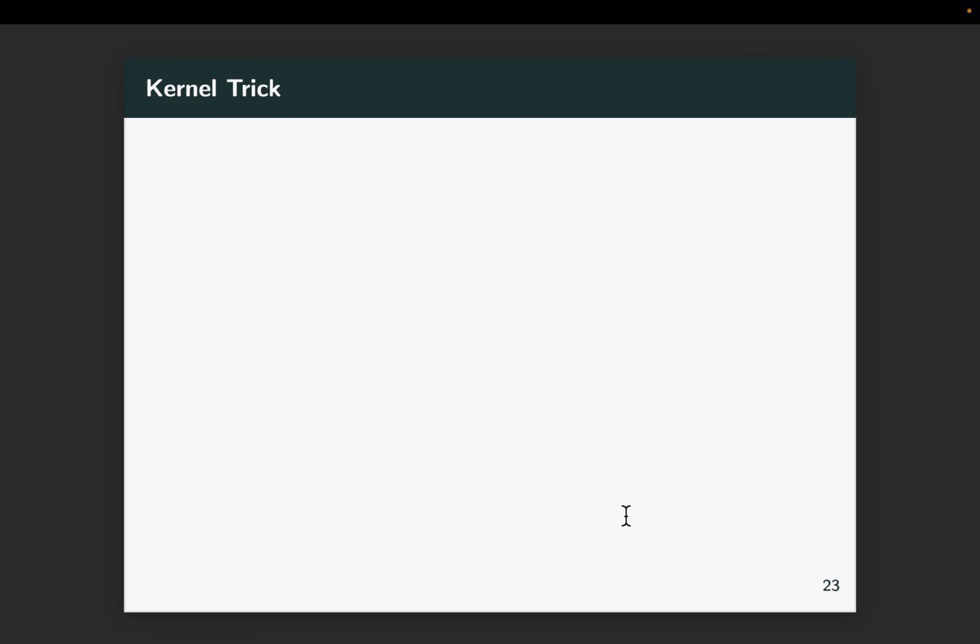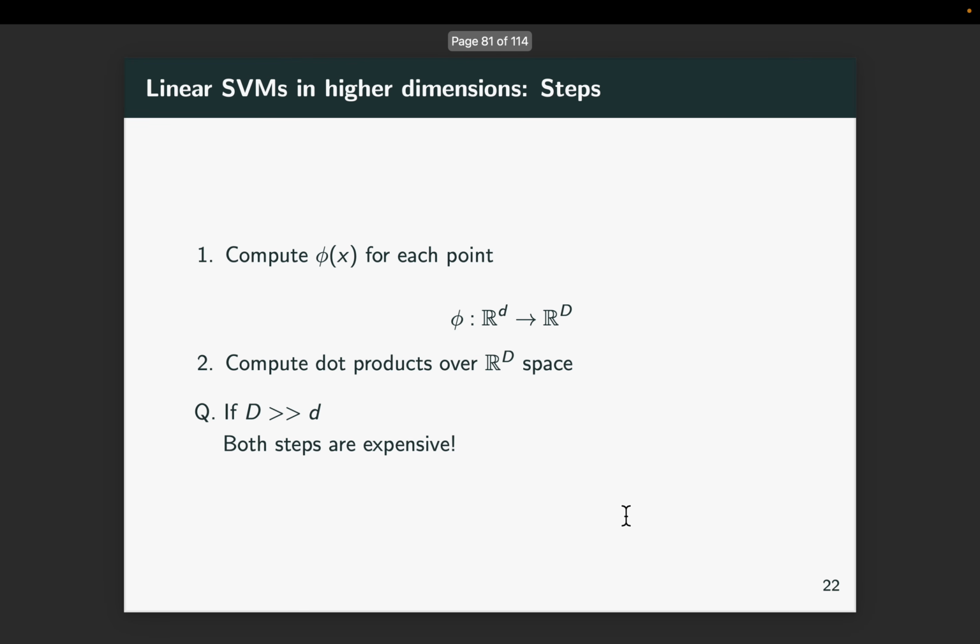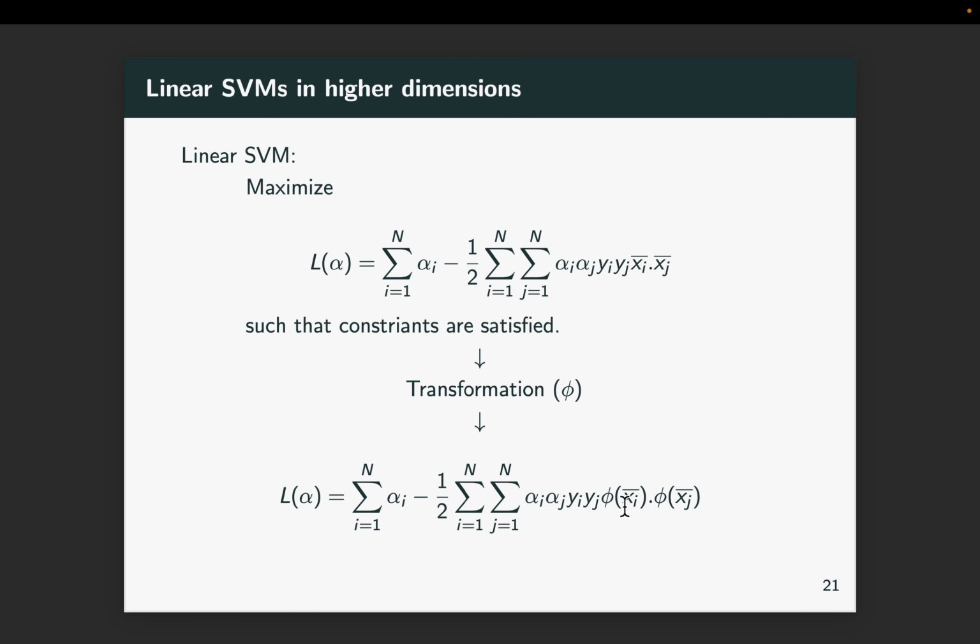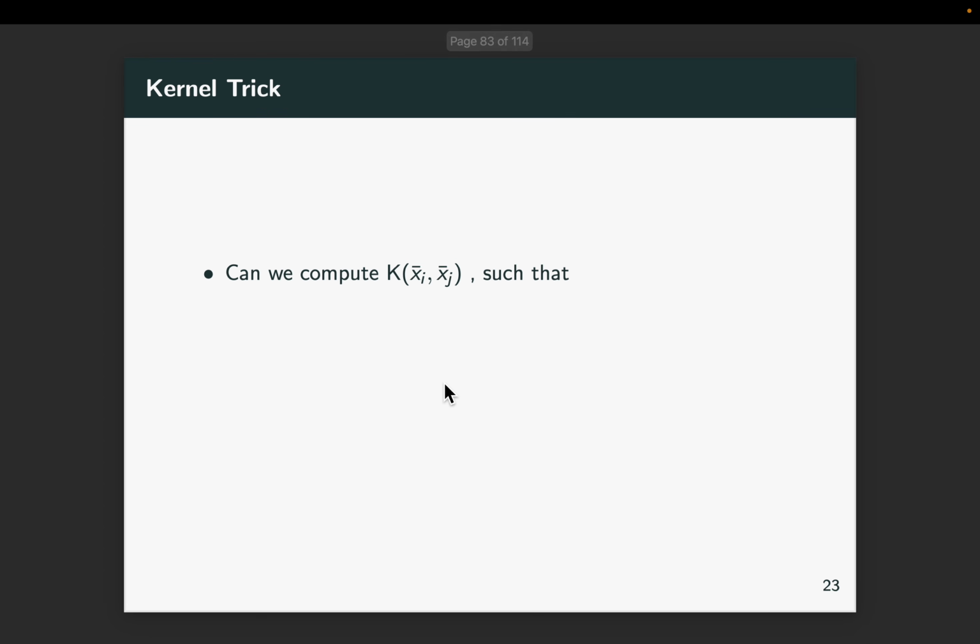Okay, the kernel trick, which is the whole crux of this lecture, is to say that phi xi dot phi xj is very expensive. We need to do something in order to make that less expensive. So we say that we compute a function k of xi and xj such that k of xi comma xj is equal to phi xi dot phi xj.